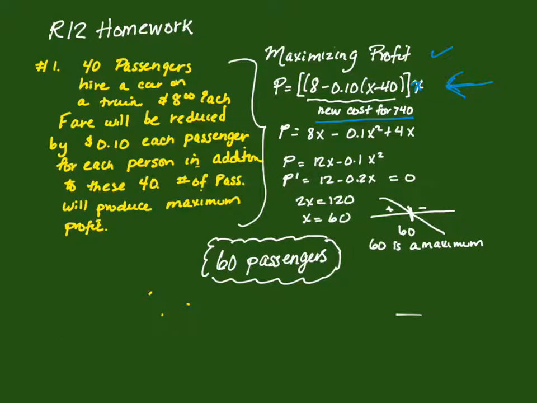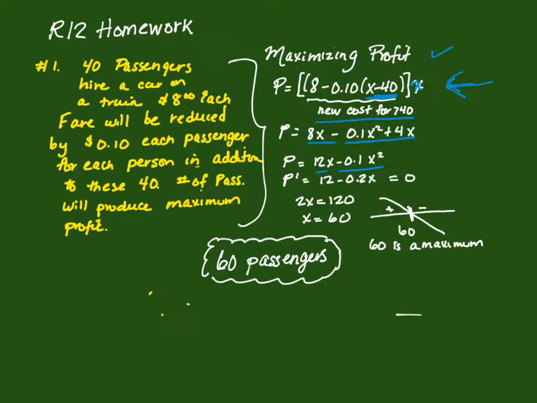So it's $8 minus 10 cents for everything greater than 40. So you would use x minus 40 for that. So this is the new cost, including the people and the people greater than 40. Okay? So simplify that to 8x minus 0.1x squared plus 4x, or 12x minus 0.1x squared.